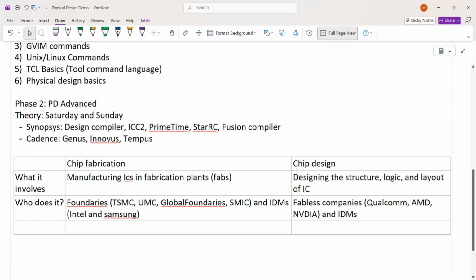So obviously, there are the tools which they are using. What are the tools which these chip fabrication teams are using? A lot of manufacturing tools like Caliber.